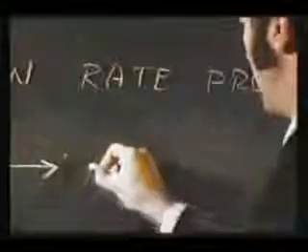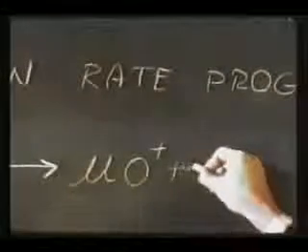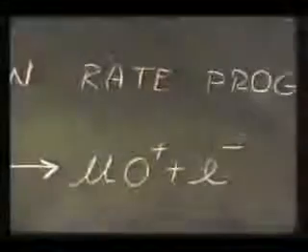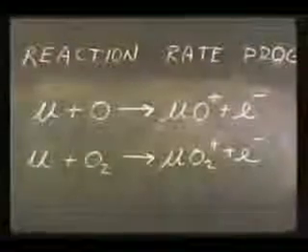One major achievement was the successful measurement in the laboratory of two reactions of uranium with oxygen. A uranium atom combining with an oxygen atom to form a uranium oxide ion plus an electron, and a uranium atom combining with an oxygen molecule to form a uranium dioxide ion and an electron.